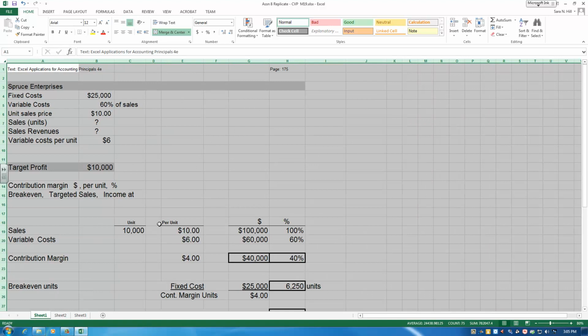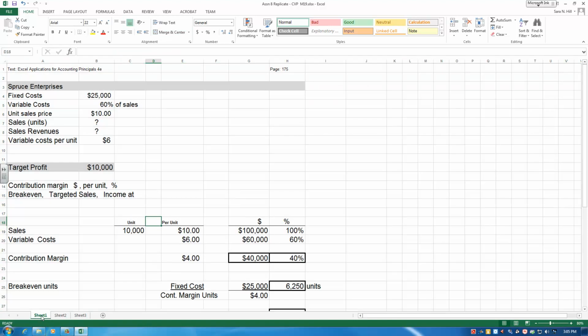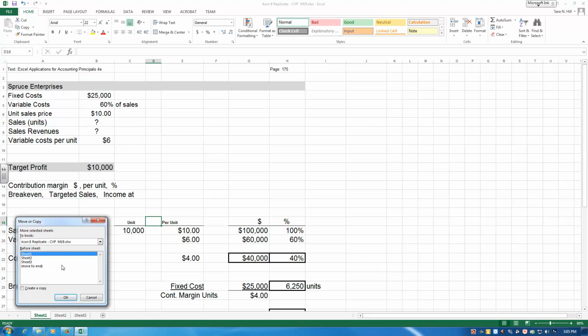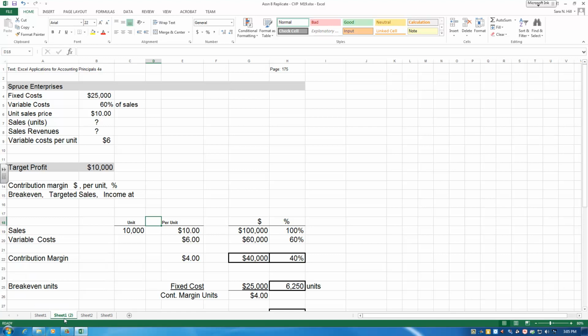Or if you want to do it the way I prefer, I just like to right click on this tab at the bottom, say move or copy. We want to create a copy, and we're going to move it before sheet 2, and just say okay. Now you have a direct copy of the original sheet, and we could rename this.